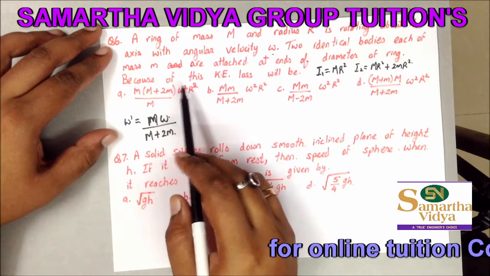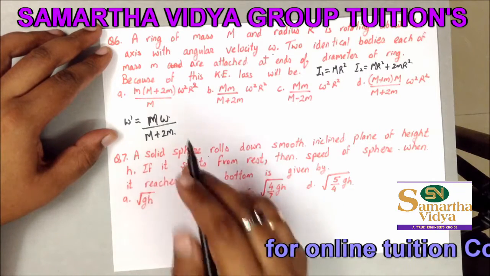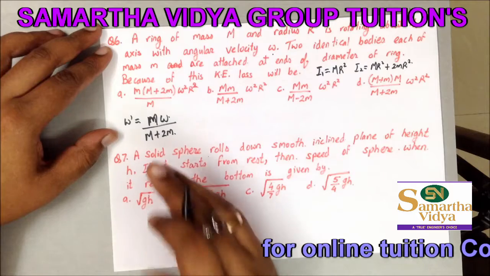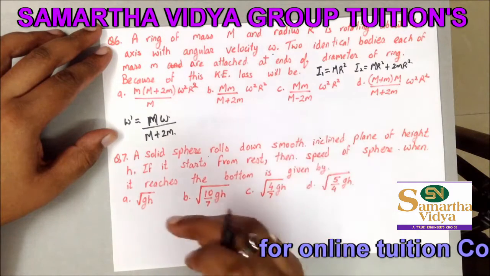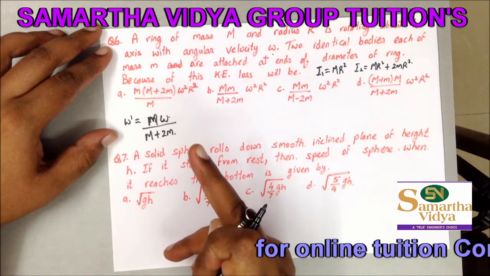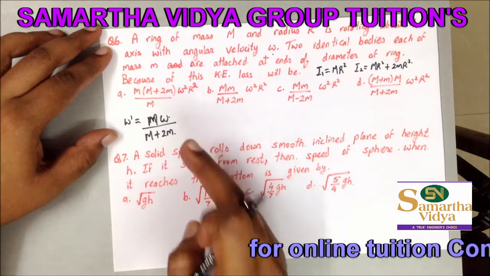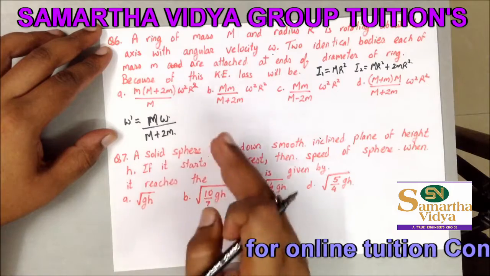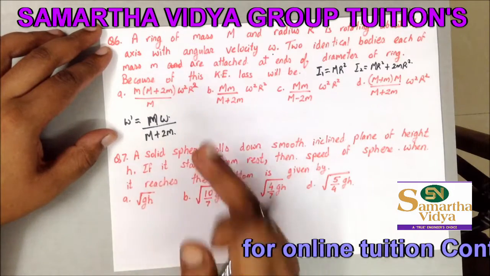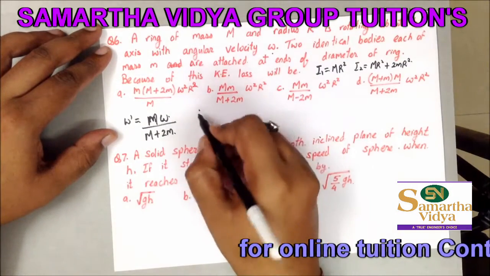Now I need to find the kinetic energy loss. Kinetic energy loss is the initial kinetic energy minus the final kinetic energy. The kinetic energy is half I omega square, so that is half I1 omega square minus half I2 omega square. Let's do that calculation.